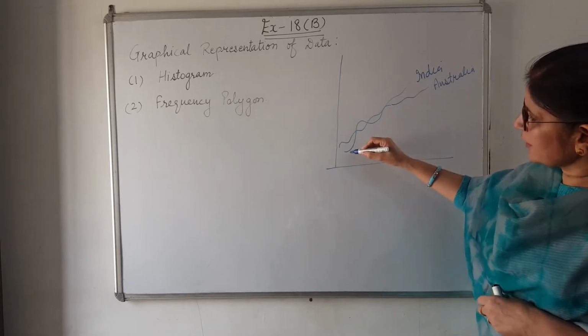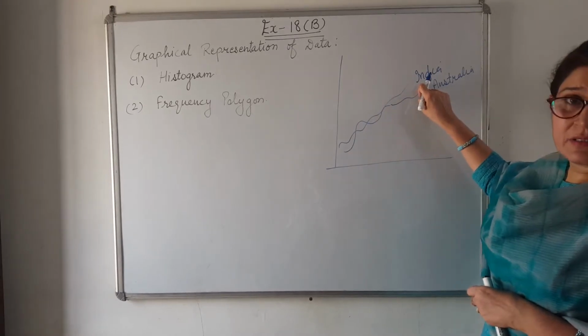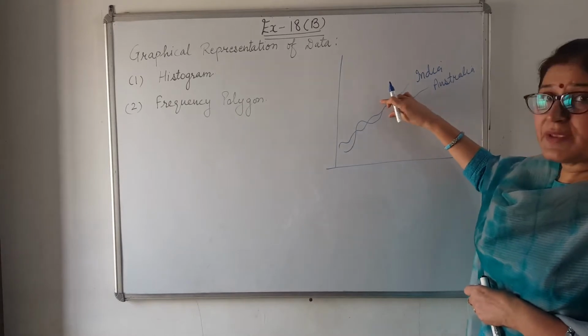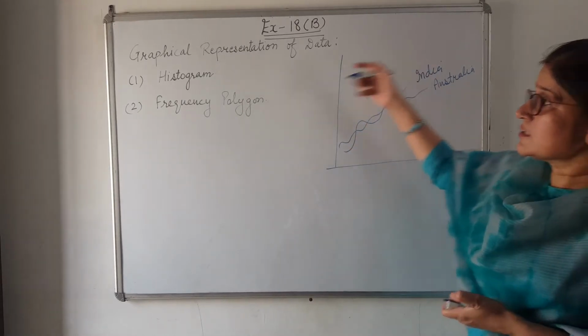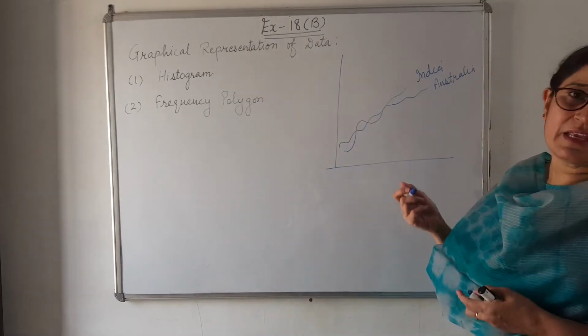They show in each over how many runs are made by the Indian team and similarly by the Australian team, and then they compare. So this graphical representation is known as a polygon or histogram form. Any of the forms they can use.